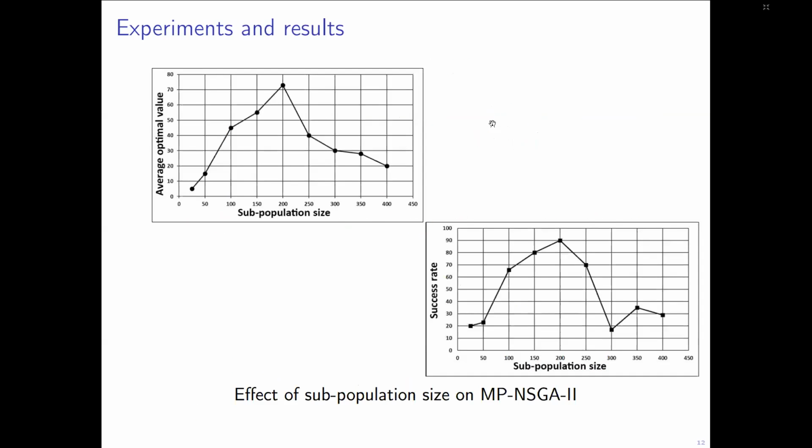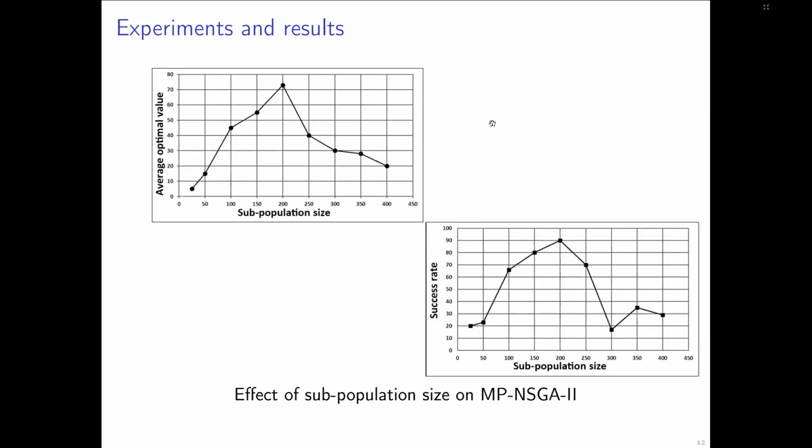So, for the first front, the figures present, with the x-axis and y-axis, the size, the average optimal value, and the success rate, respectively. At the beginning, the performance of the genetic algorithm is poor. The performance of the algorithm increases slowly with the increase of the size.